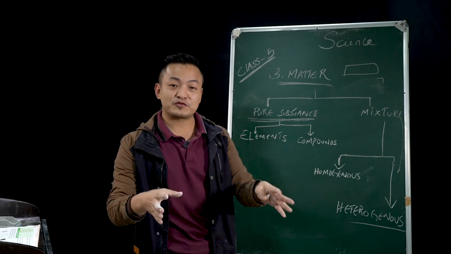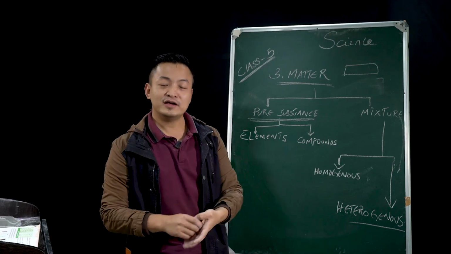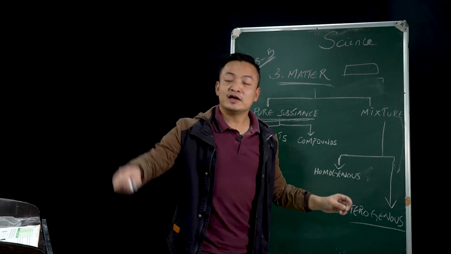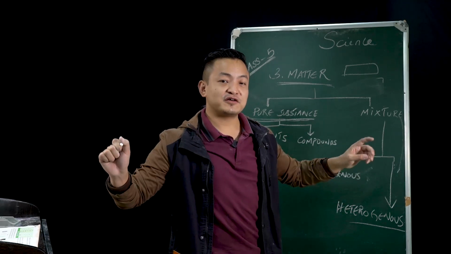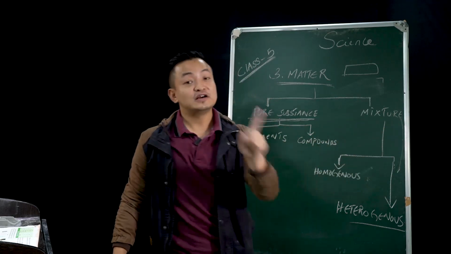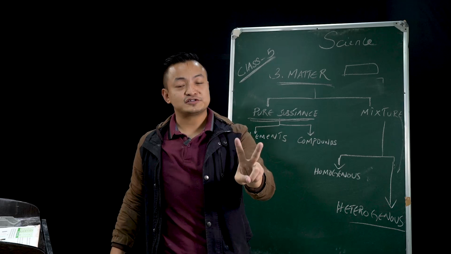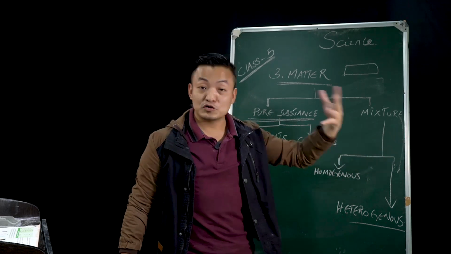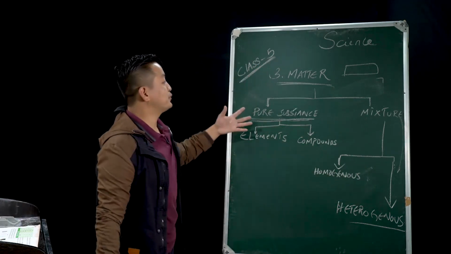It will be composed of the same material. It is not that the water in India is made of different material and water in China is made of different material. Water is original. Clear? It is made up of just 2 hydrogen atoms and 1 oxygen atom anywhere. So those types are examples of pure substance.